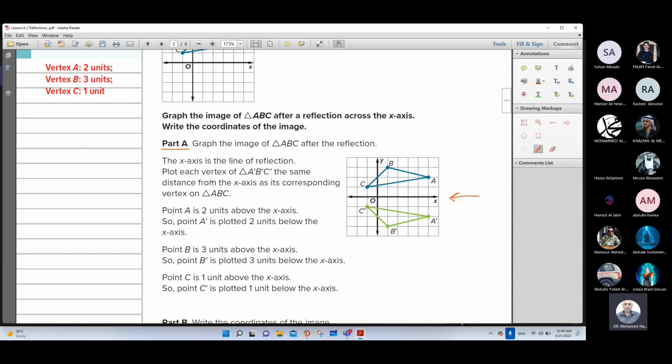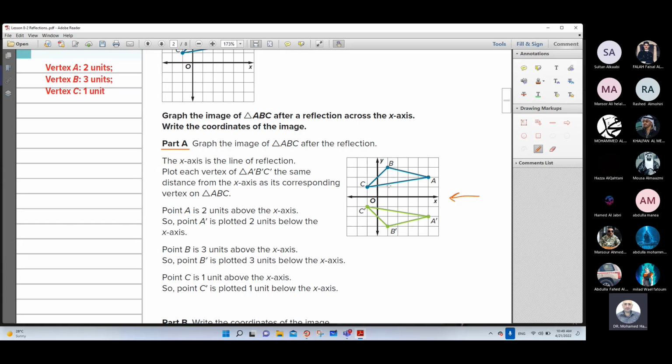Plot each vertex of triangle A prime, B prime, C prime, the same distance from the x-axis as its corresponding vertex on triangle ABC. Means the distance from C to this line equals the distance from C prime to this line.